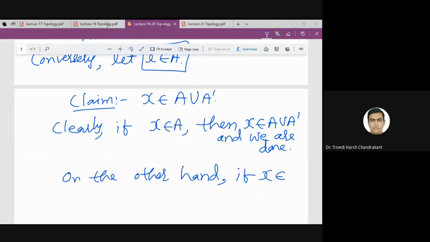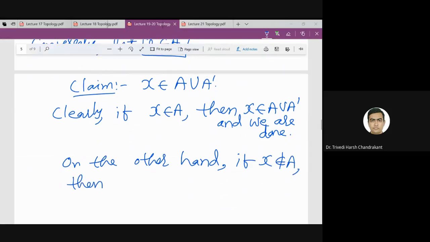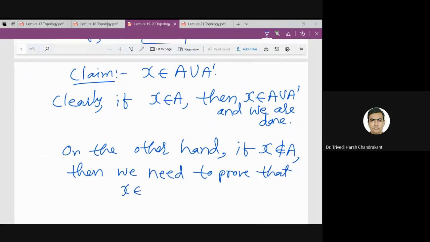So if X is not in A, and I want to show X belongs to A union A dash, then I have to show that X is in A dash, right? So the second case is X is not in A, and we want to prove that X belongs to A dash.